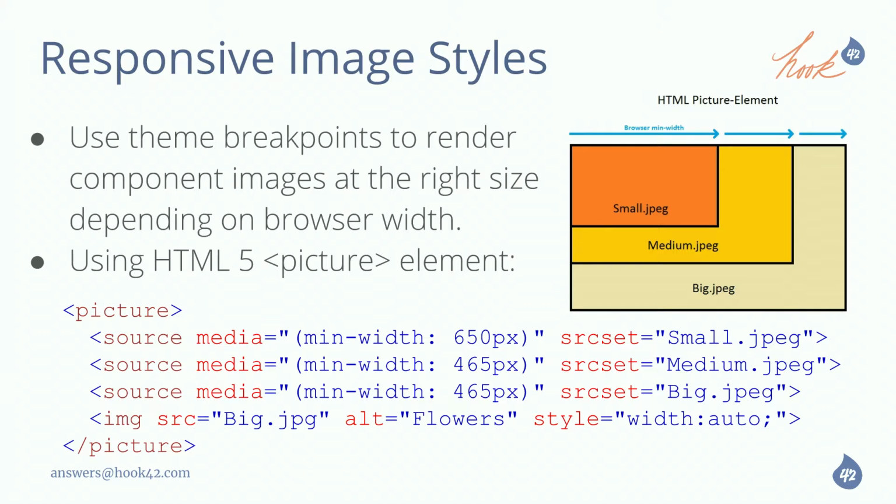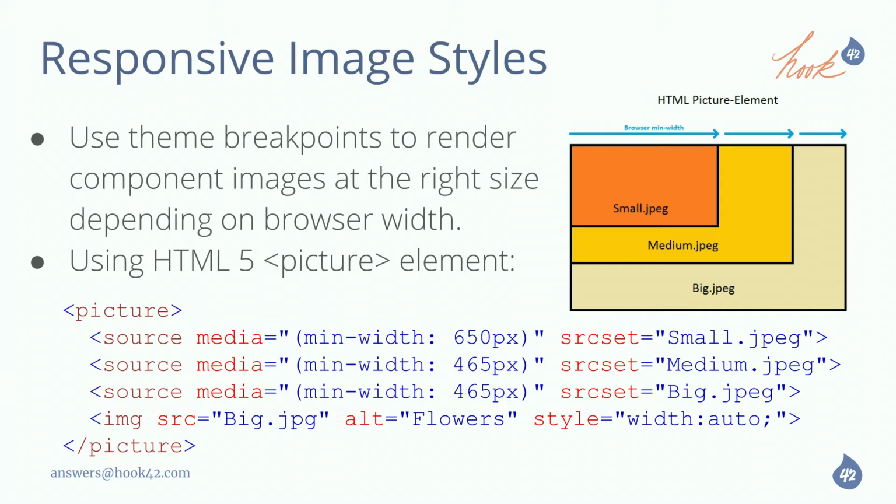So we can't resample it, but we did bring in other image sizes. So we were able to actually decrease the image size and serve up different ones at different browser widths using the HTML5 picture tag, which allows you to define at certain min widths a different source image.